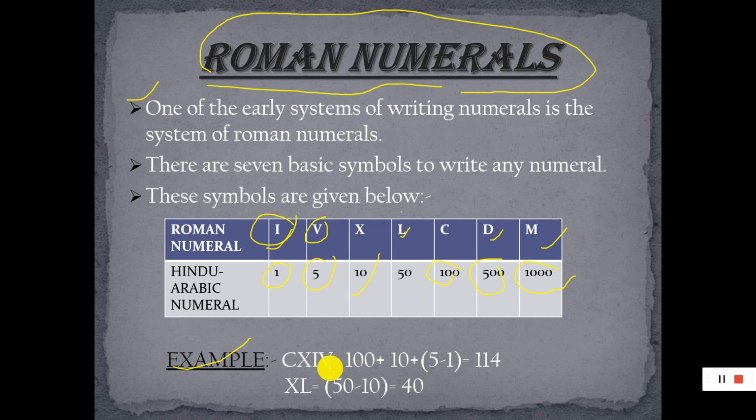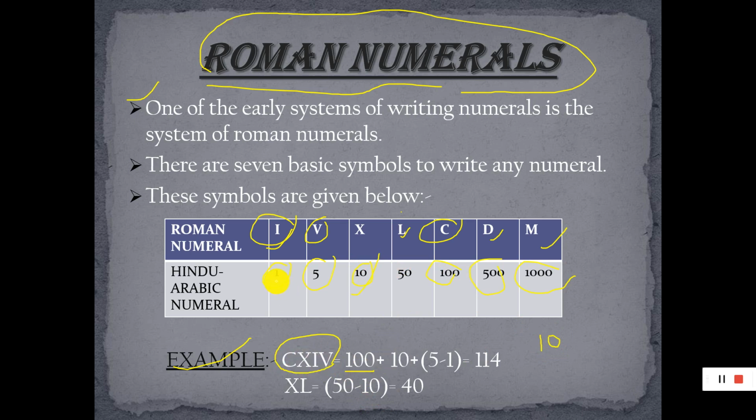Take an example: CXIV. From the table you can see C stands for 100, so I write 100. X stands for 10, so I add 10.